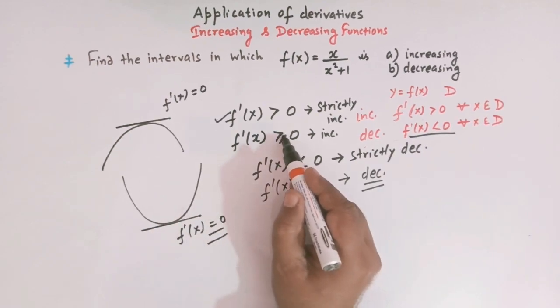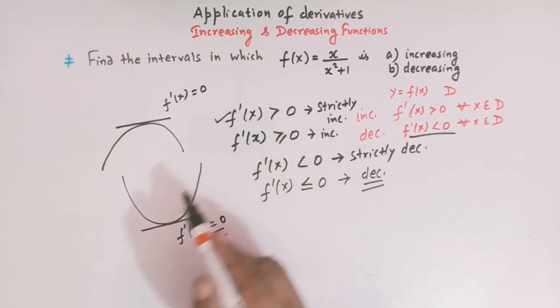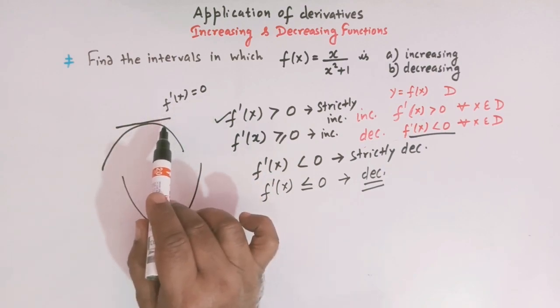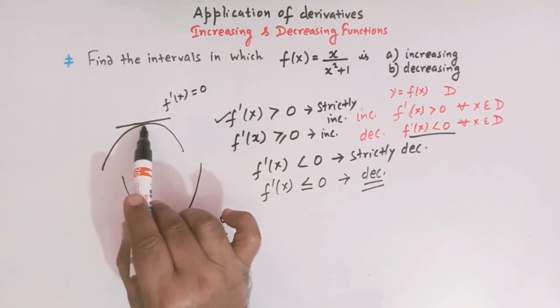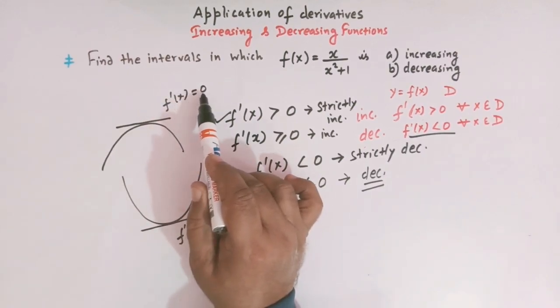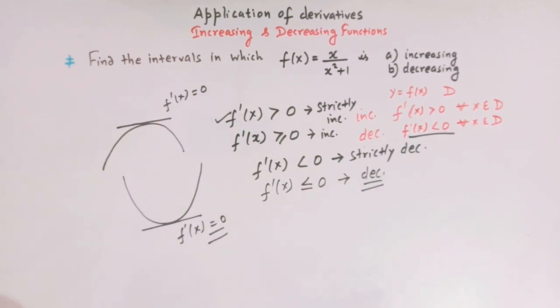So this equality sign reflects that at the turning point, the tangent to the curve at that point is parallel to the x-axis, or the derivative is 0.